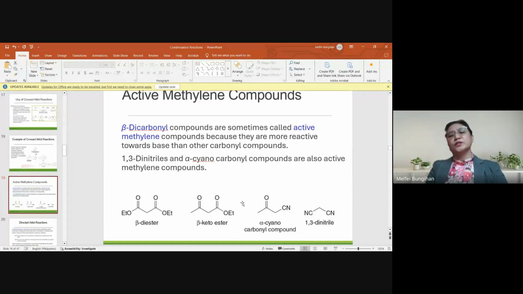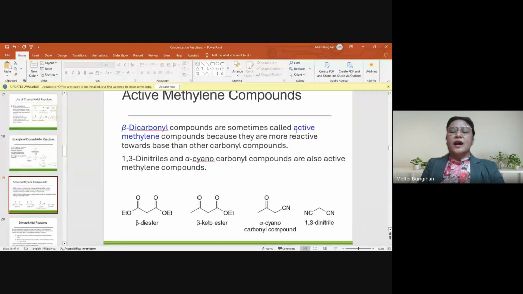Now, how about the presence of active methylene compounds? So, beta dicarbonyls, beta diesters, keto ester. We also have the cyano, which is a derivative of carbonyls, of course, and then we also have dinitrile.